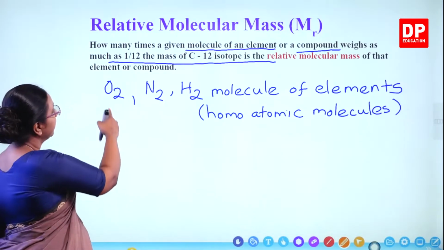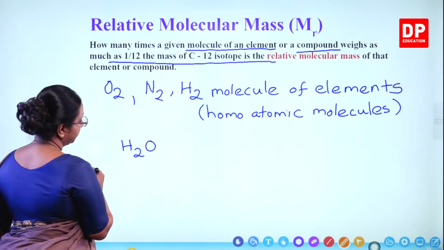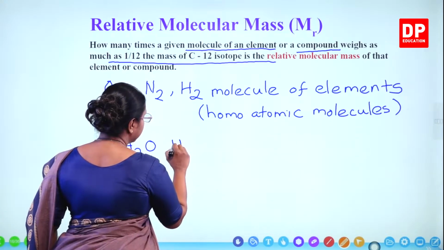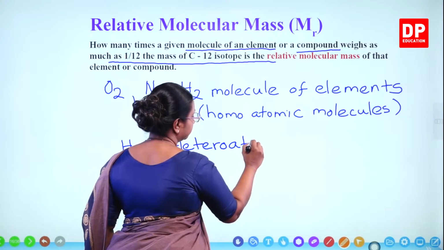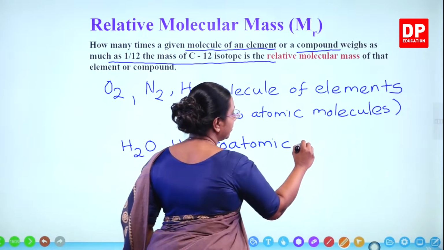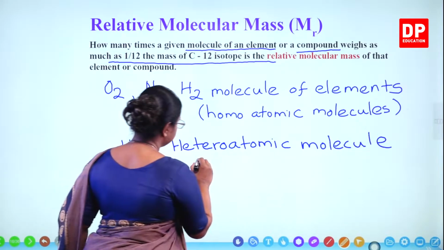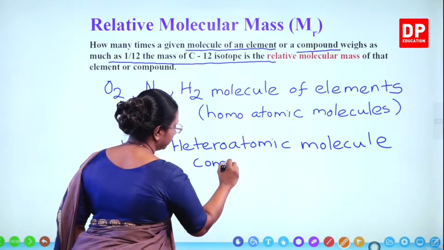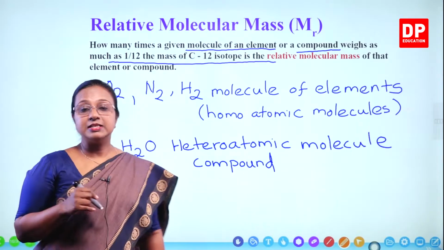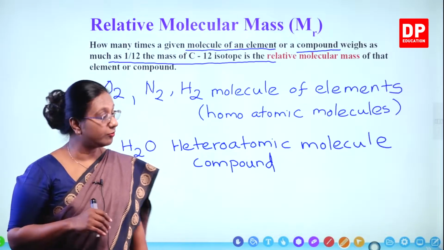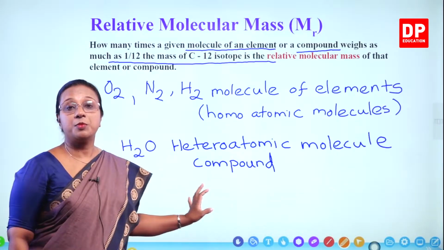Then we say compound. Now let's say oxygen and hydrogen combine to form water. So this is a heteroatomic molecule. And this is a compound. So when we consider the relative molecular mass, we need to consider both these types of molecules.